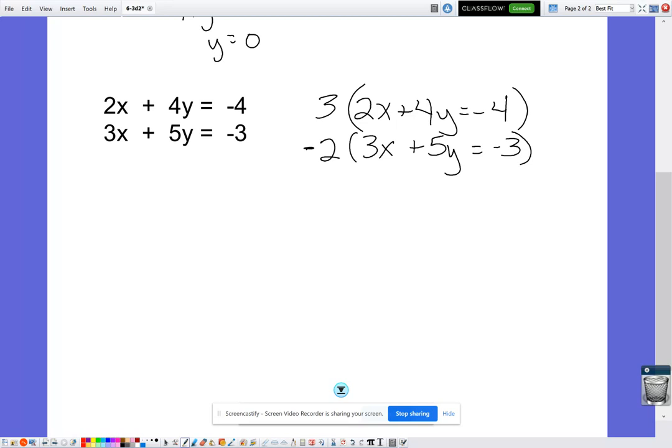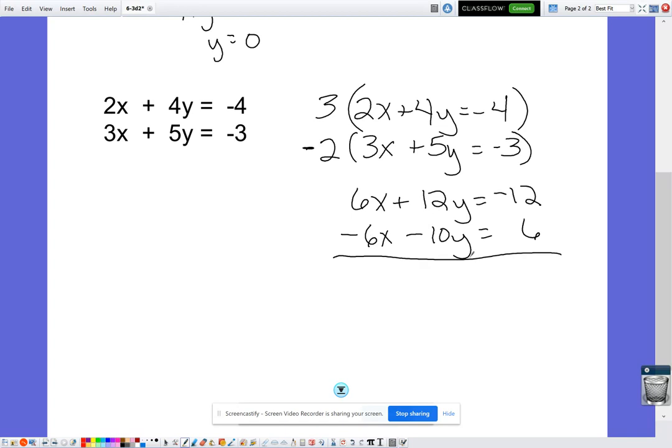I want opposites, so I'm going to take one of them as negative. So 6x plus 12y equals -12. Negative 6x minus 10y equals positive 6. Add down, I get 2y equals -6. y equals -3.